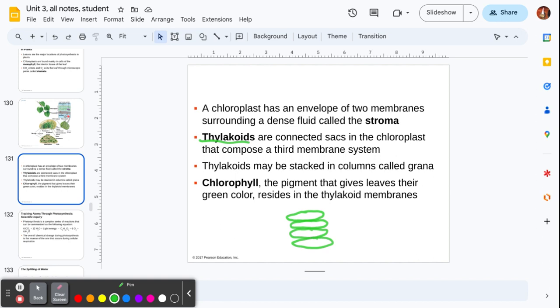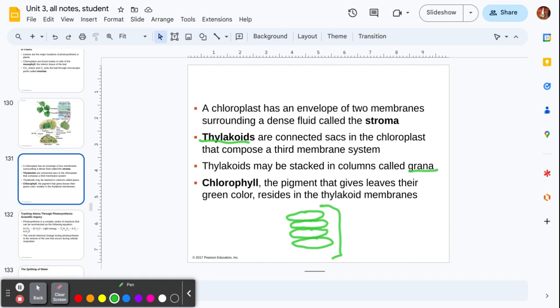So even though they appear like just these flattened sacs on top of one another, they're actually interconnected. One of these is a thylakoid. If you look at the whole stack, we call that a granum.